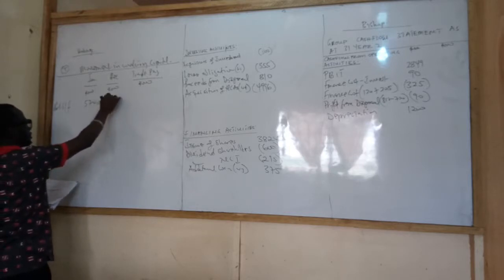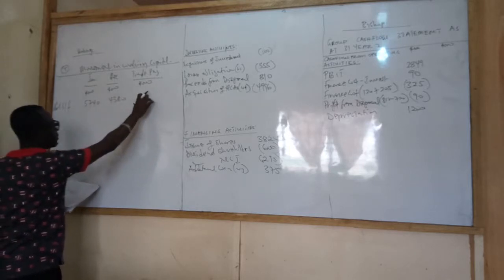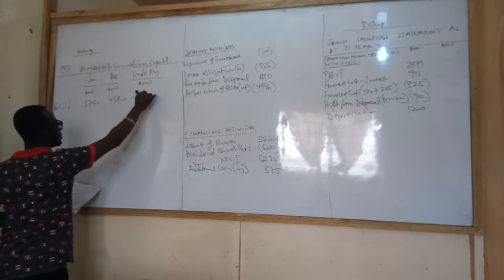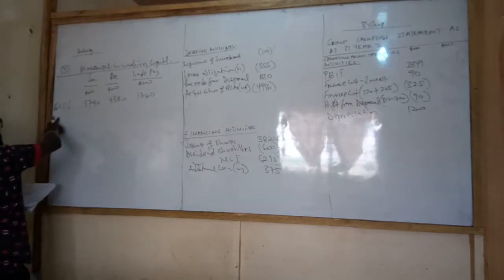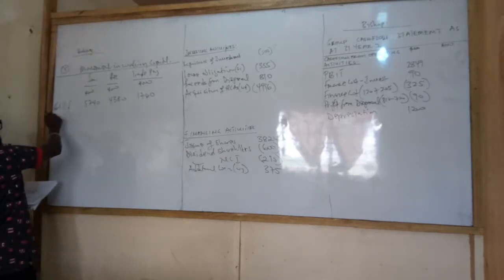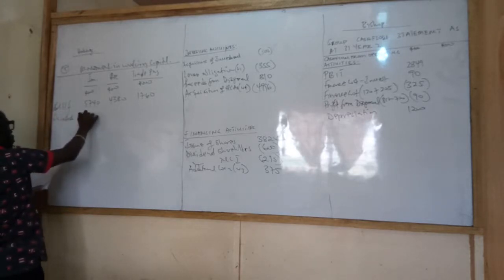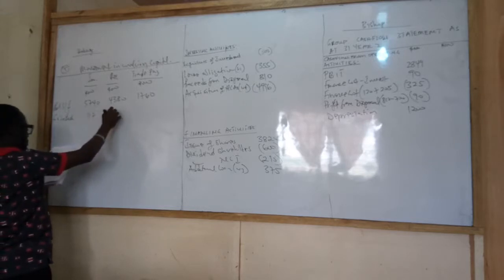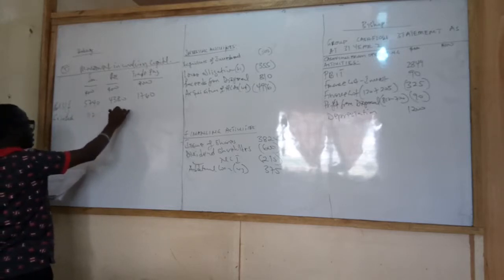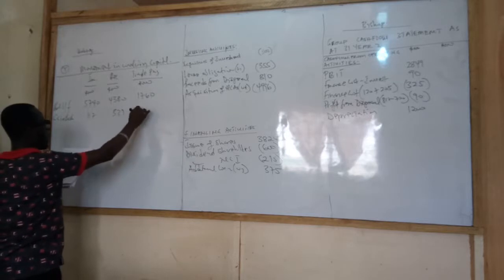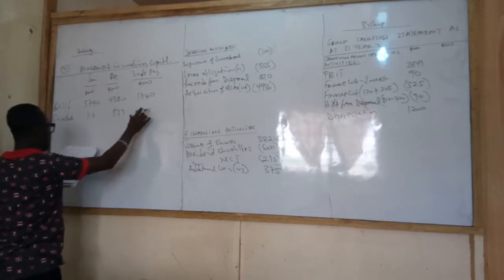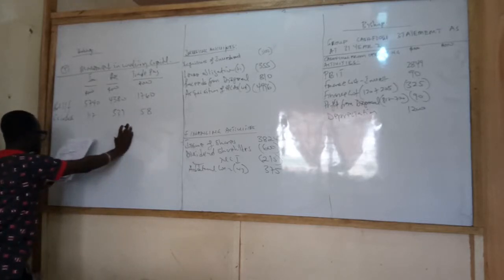Receivables. 438. Payables. 1,760. Okay. Let's go. No, the gain. How much? 117. 339. 58. Now this 5.8 here, it's a negative, right?